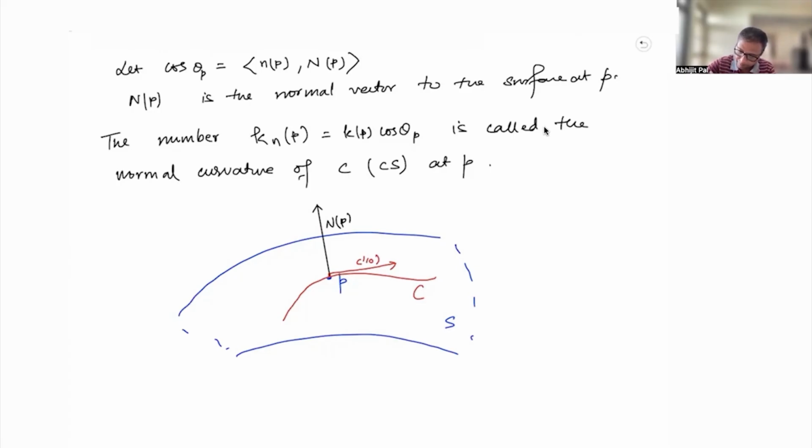And I have another vector which is small np, which is orthogonal to this tangent vector C prime 0.